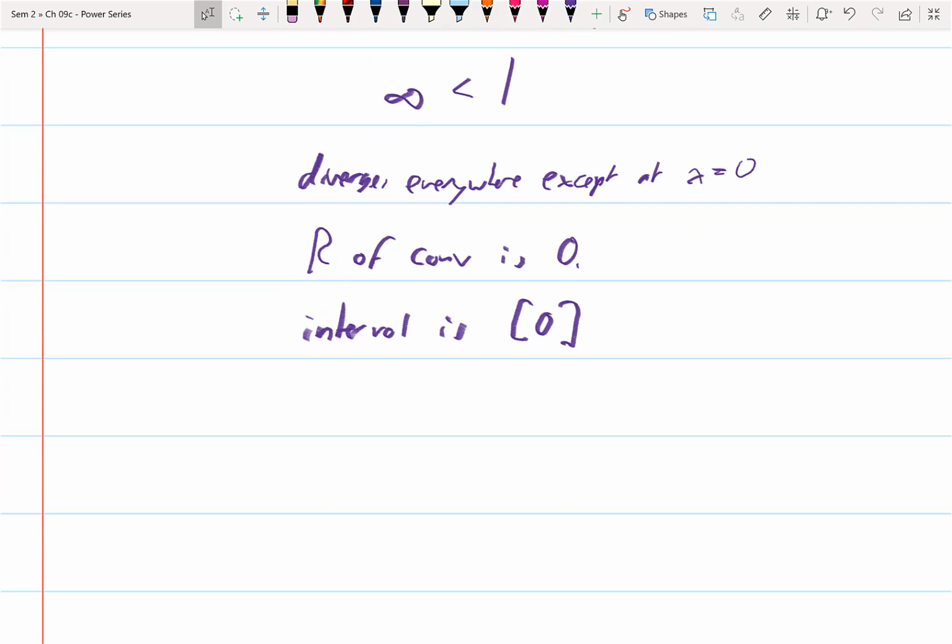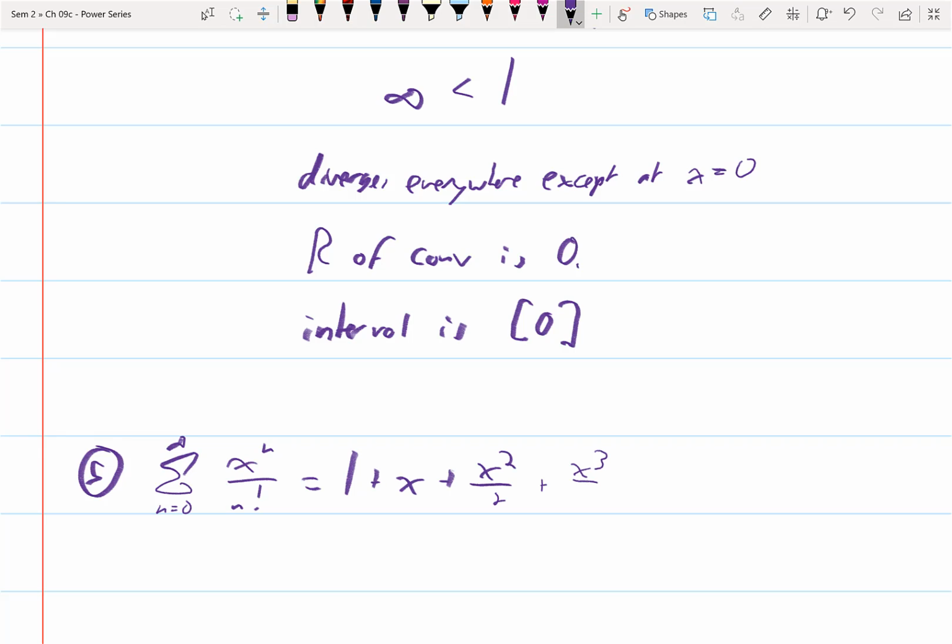Okay. Next, let's do the sum from n equals 0 to infinity of x to the n over n factorial. So this is similar, but we're going to divide by n factorial. So this is 1 plus x plus x squared over 2 plus x cubed over 6 plus x to the fourth over 24, and so on.